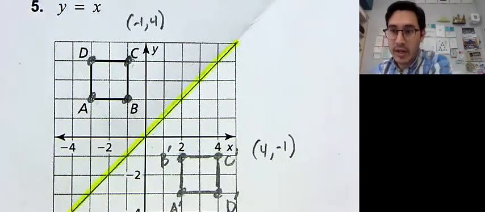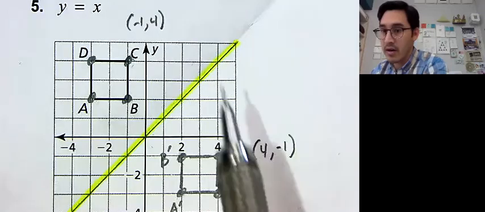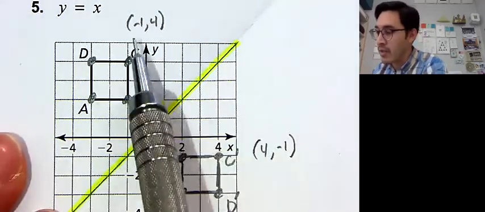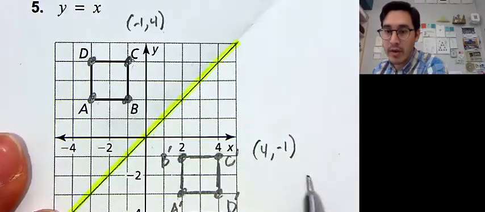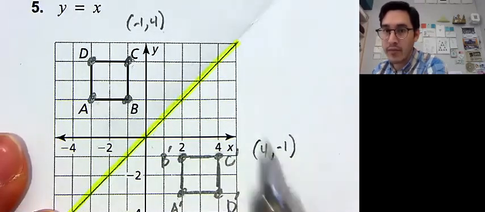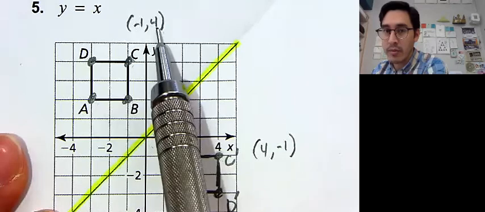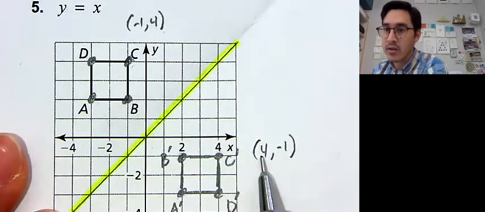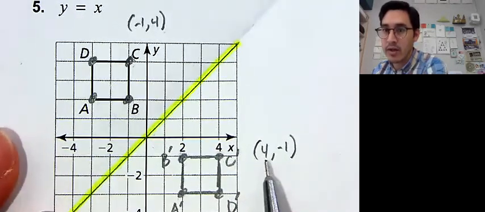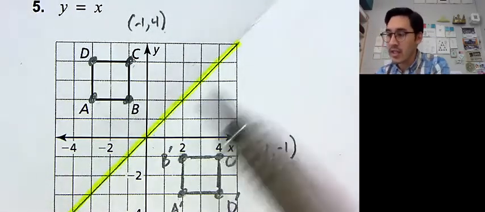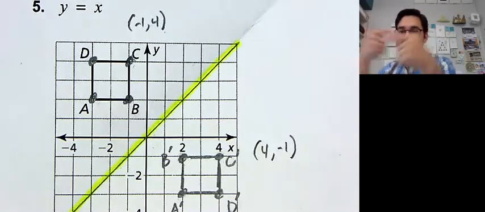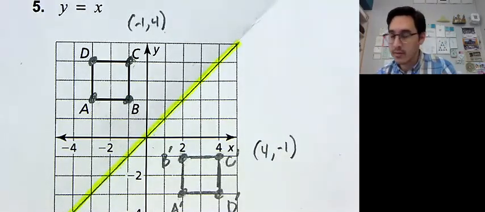The coordinates, but there are some slight differences. So what just happened is they got reversed, right? -1 is the x coordinate, but in the reflection, it's the y coordinate. 4 is the y coordinate in the pre-image, and it is now the x coordinate in the new image. Okay, so what ends up happening here is when you reflect across this line and this line only, the x and y coordinates swap places.